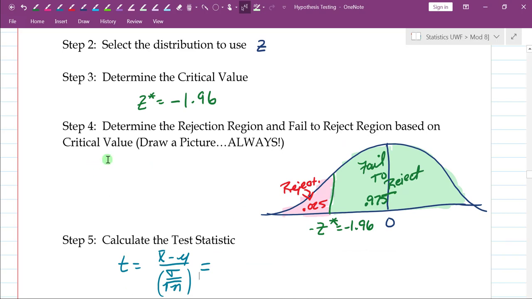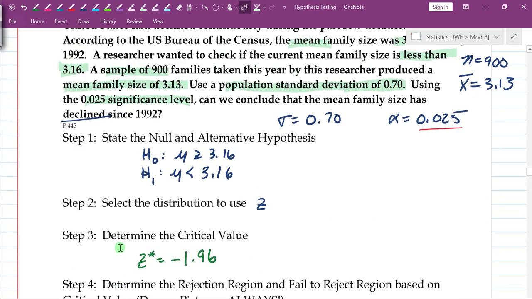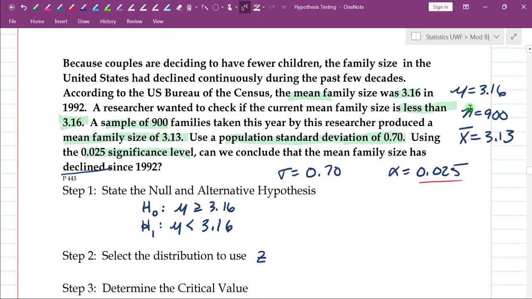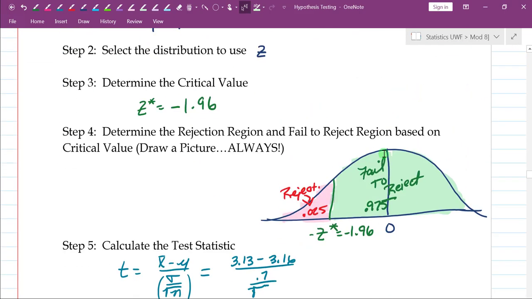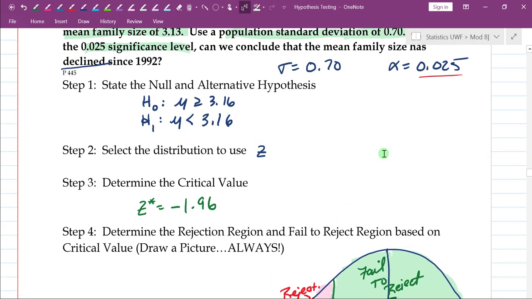We're going to be having 3.13 minus 3.16 divided by 0.7 divided by the square root of, I don't remember the sample size, was it 900? So 3.16, yep, 900. And let me double check my sigma, yep, okay. So 900.